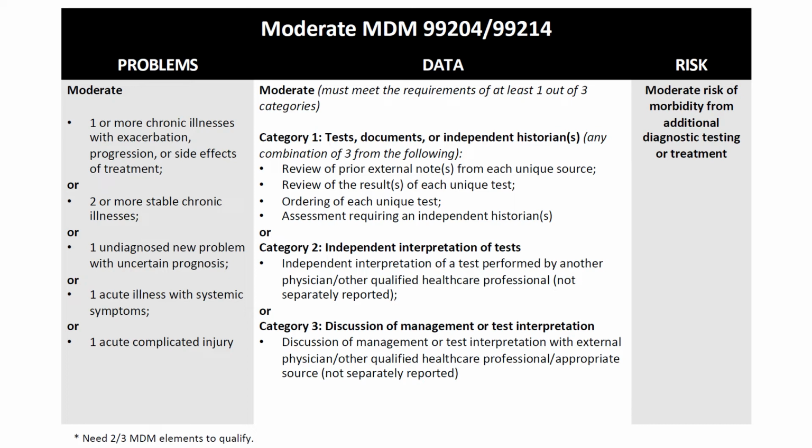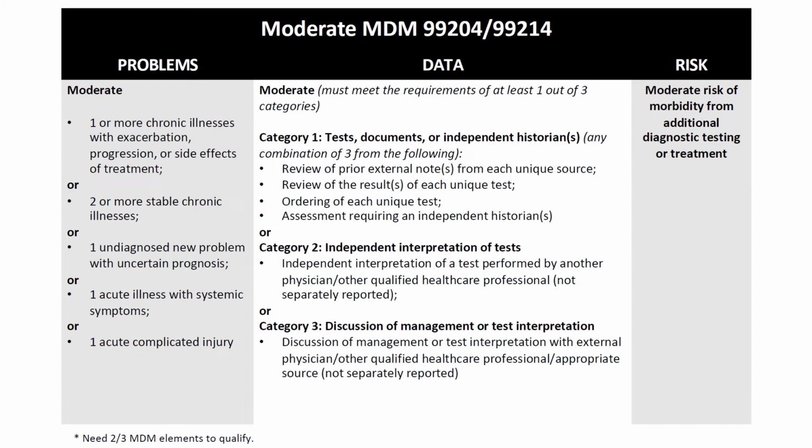And one thing that's really going to hit well with the interventional radiologists, look at category 2. Independent interpretation of tests will get you moderate medical decision making. So every single patient that I see for uterine fibroid embolization evaluation that has an MRI, I can say MRI images were independently reviewed, which show X, Y, and Z. And so my independent interpretation of that MRI, which is separate from the original interpretation, would qualify me for moderate medical decision making.